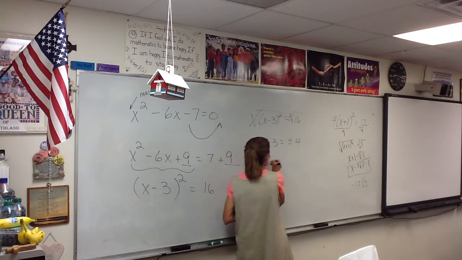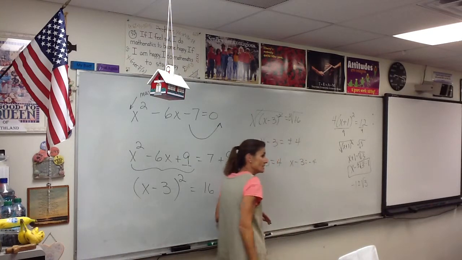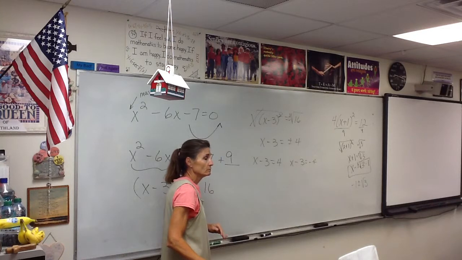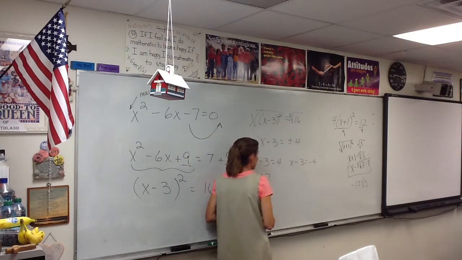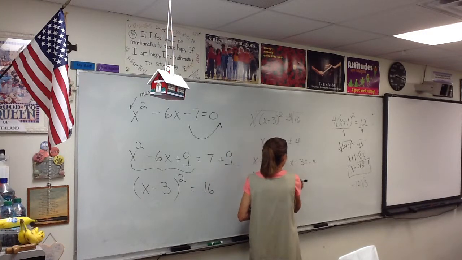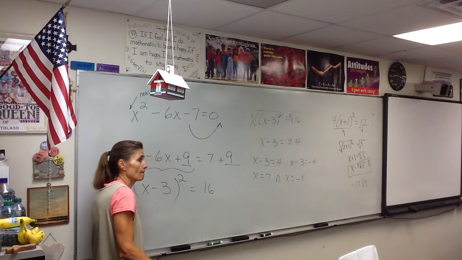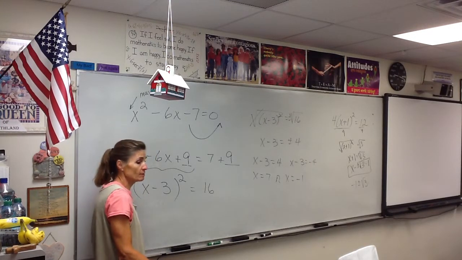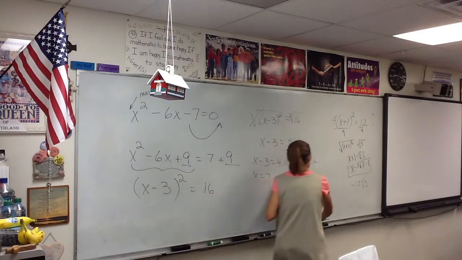So x minus 3 equals positive 4, or x minus 3 equals negative 4. So x either equals 7 or x equals negative 1. You just completed the square. All right, let's try the next one.